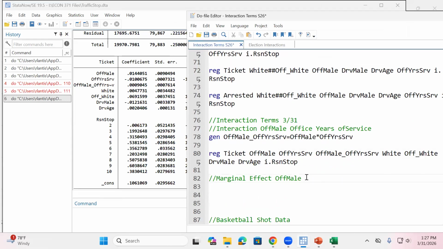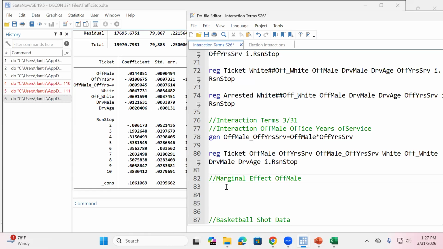Marginal effect of the officer being male, okay? If I'm looking at if it's the officer male, what would get added into my prediction? Or essentially, what's the marginal effect of the officer being male?